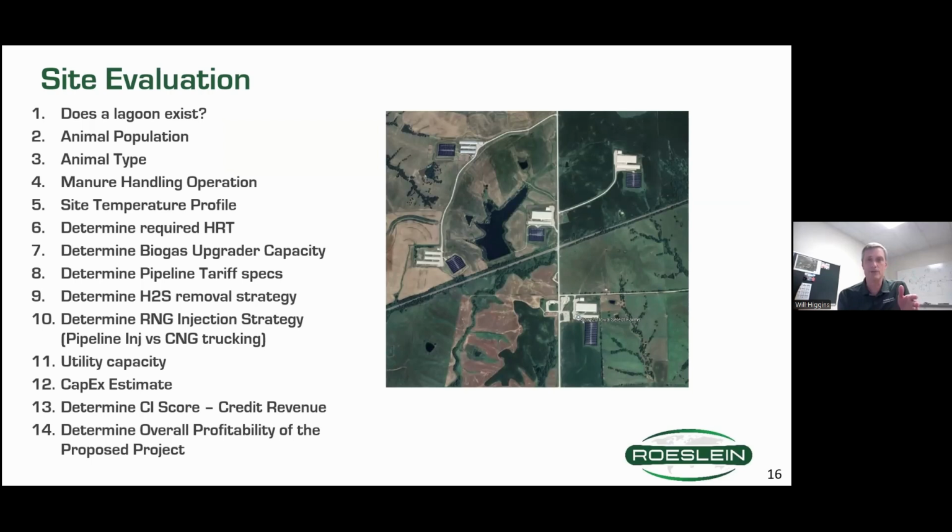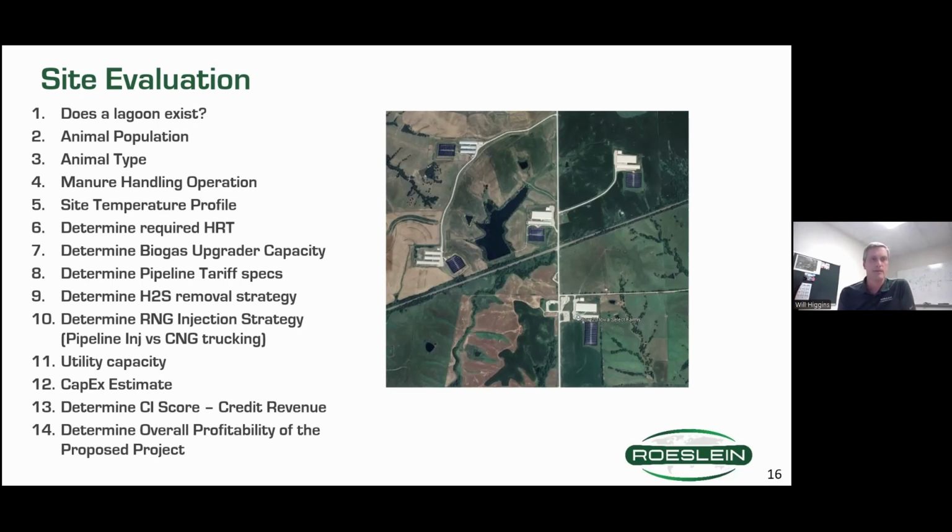Because when you have a lagoon, you're going to get a better CI score, and you can sell that in the California market. Then we'll ask some very high-level questions about your animal population and animal type, so that we know how much manure we could expect from these barns, and that translates into how much gas we would expect.